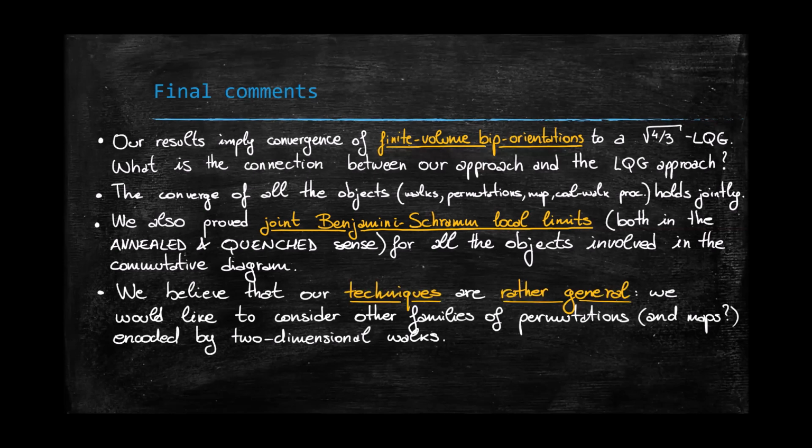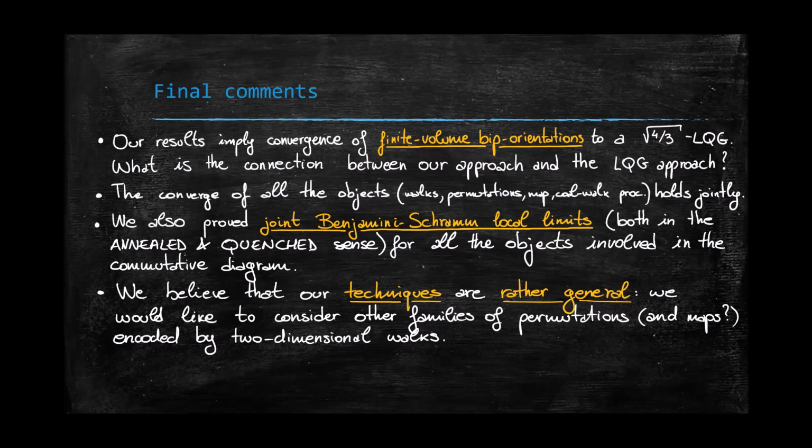We believe that the techniques that we use to prove this result are rather general, in the sense that we would like to consider many other families of permutations that are encoded by two-dimensional walks, and to show that they converge to a one-parameter modification of this Baxter permuton. So, in some sense, we want to prove that the Baxter permuton is a universal object.